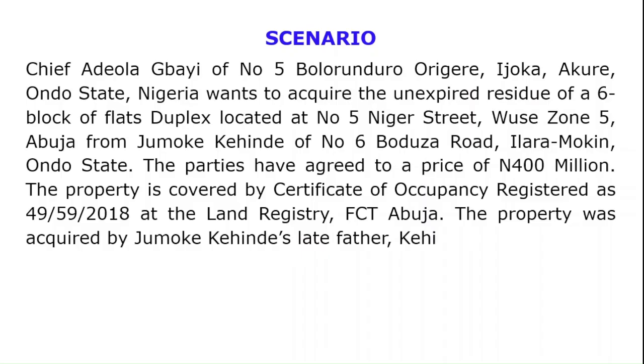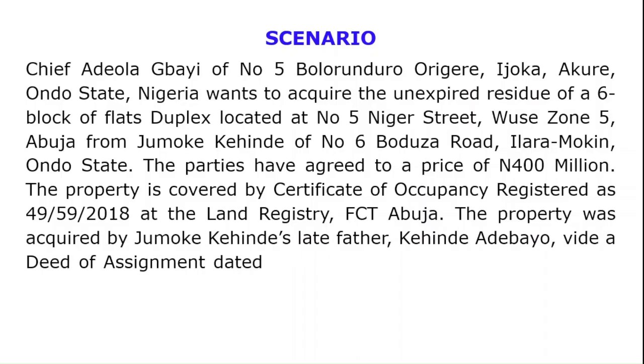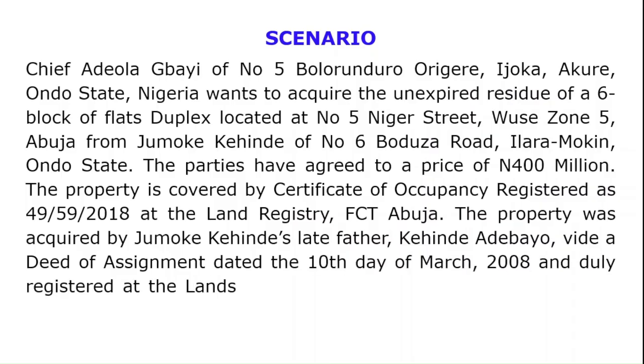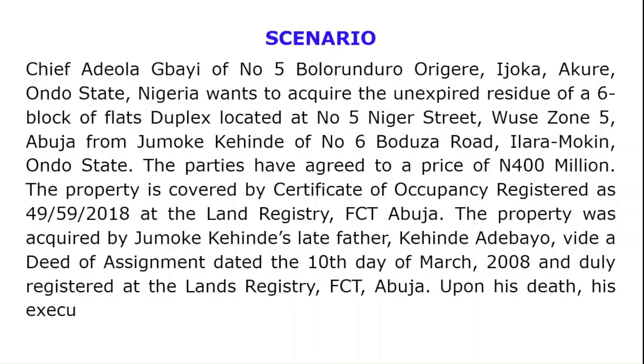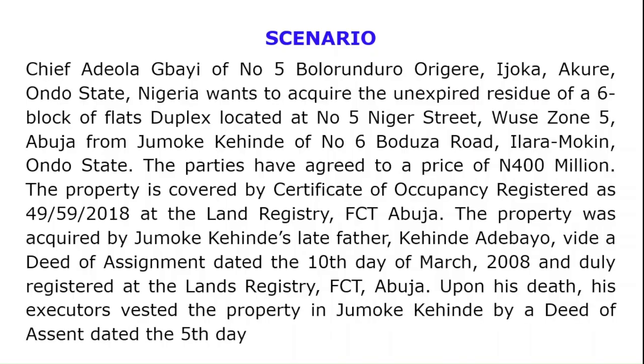The property was acquired by Jumoke Kende's late father, Kende Adebayo, via a deed of assignment dated the 10th day of March 2008 and duly registered at the Land Registry, FCT Abuja. Upon his death, his executors vested the property in Jumoke Kende by a deed of assent dated the 5th day of September 2020. And of course, if you're familiar with the bar final style of examination, you would see now the questions: answer the following questions.